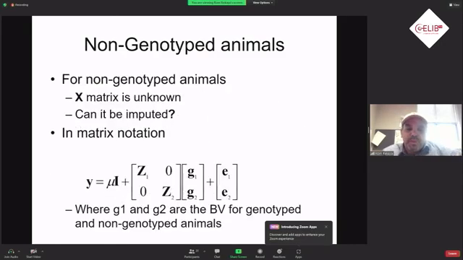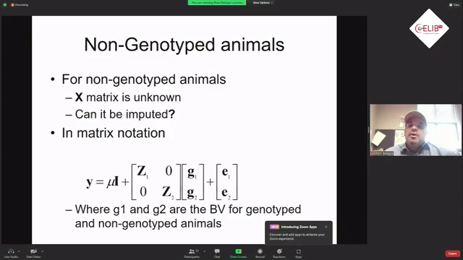So the idea was, and it's intuitive, that if I don't have those genotypes, then perhaps the best thing next to having the genotypes would be to impute, meaning to make some inference or some statistical statement about what those genotypes might be if they were observed.